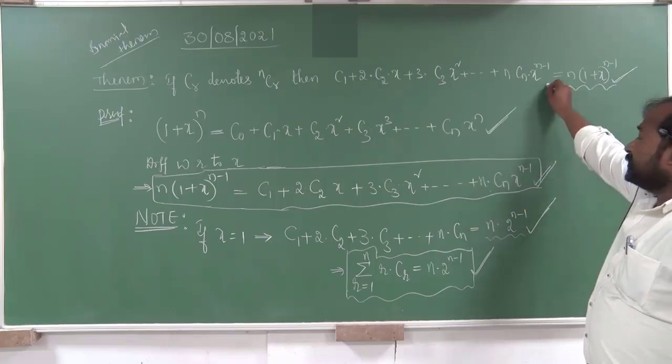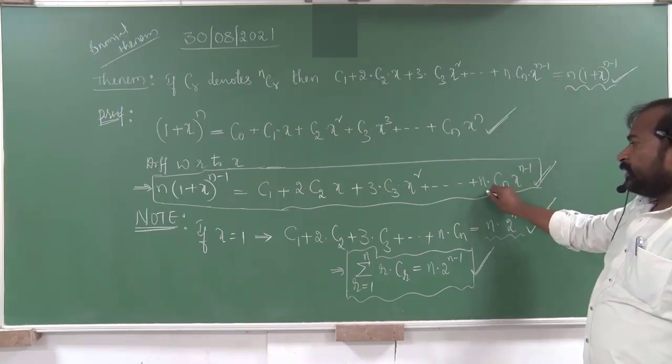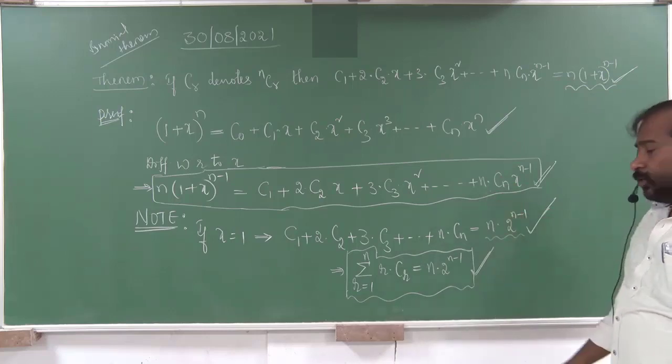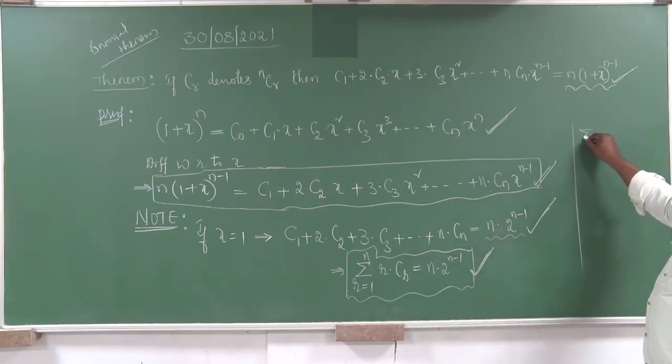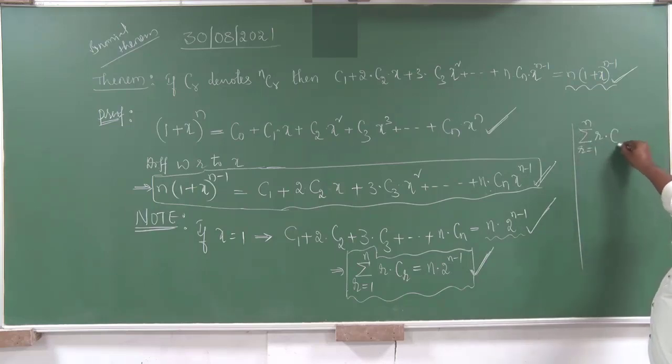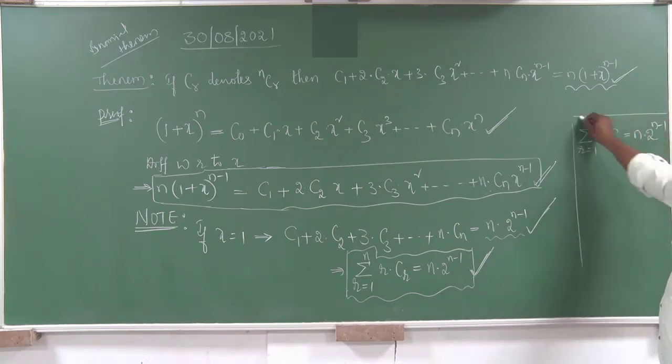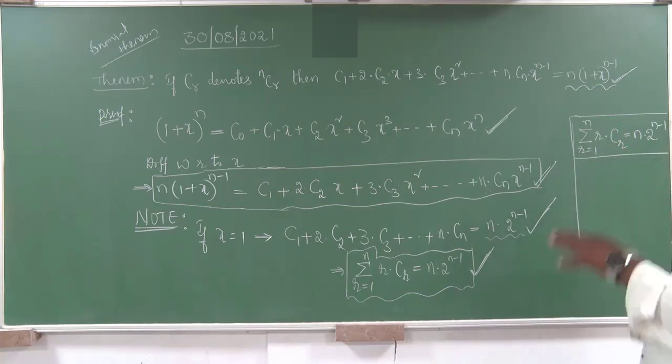This is given in this theorem. Now in this expression, if I replace x equal to 1, I can get this value. So here I am writing sigma r equals 1 to n of r into Cr is equal to n into 2 power n minus 1. So this is one important result. Keep it in mind.